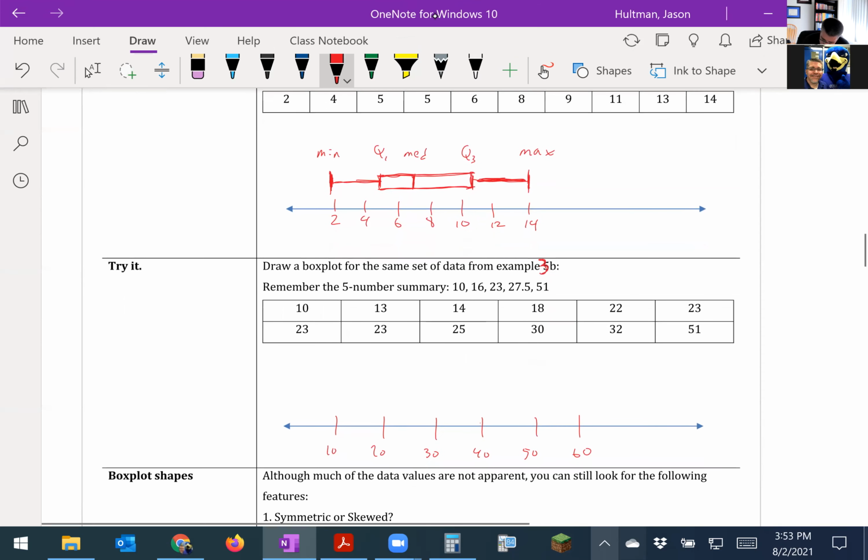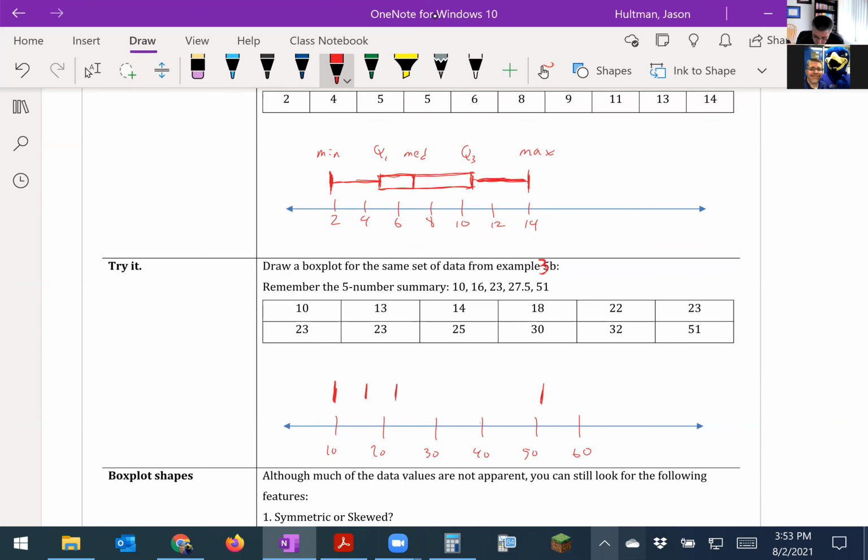Okay. And so what's the minimum? The minimum was at 10. Okay, nice. The maximum was at 51. Okay, where was Q1? Q1 was at 16, so that's going to be about here. Okay, Q2 was at 23, that's about here.